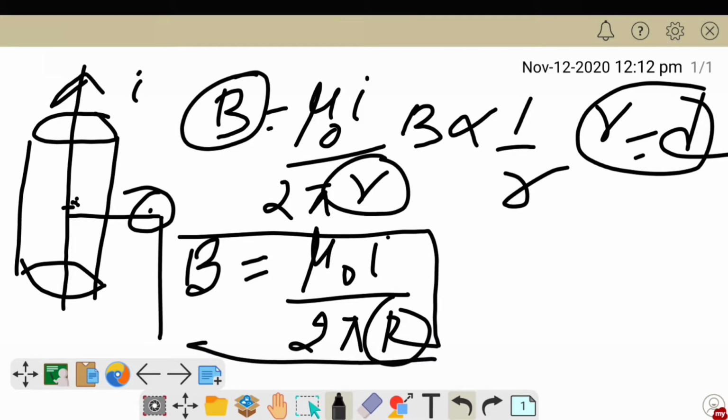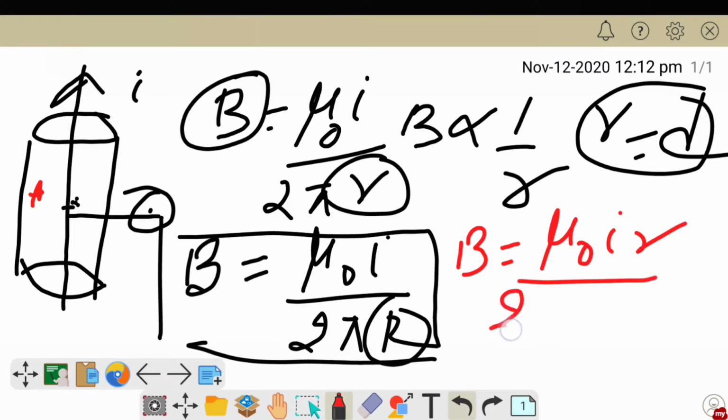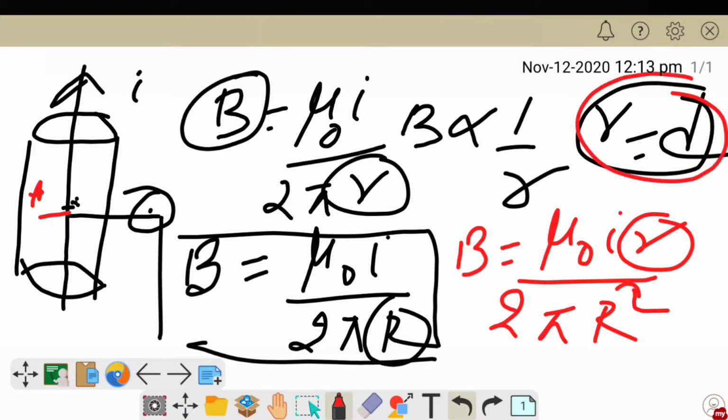Now if you see the inner part, at a location inside the conductor, the magnetic field B is mu naught I r divided by twice pi R square, where capital R is the radius and small r is the distance from the center. In this question this small r is written as d.